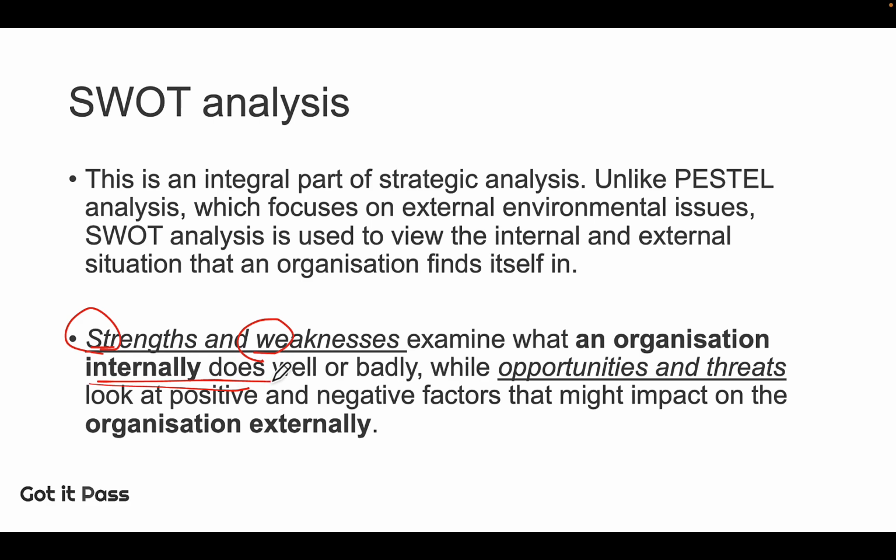They look at the organization itself, doing well or badly, while opportunities, O, and threats, T, look at positive and negative factors that might impact the organization externally. So in other words, strengths and weaknesses are internal factors, and opportunities and threats are external factors affecting the organization.